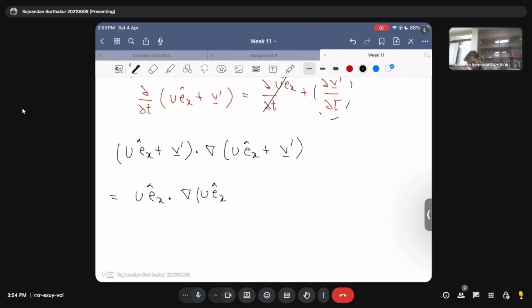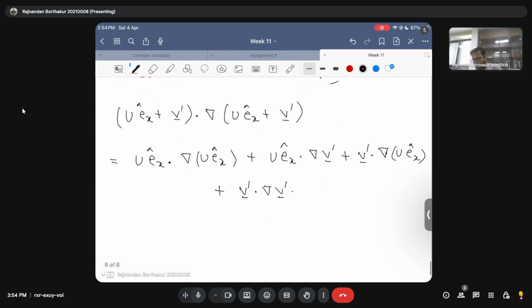That's the first term. Okay, nice and slow. And then the next term would be u ex dot gradient of v dash. The other term would be v dash dot gradient of u ex. Okay, this is going to be the other term, and the final term would be v dash dot gradient of v dash.